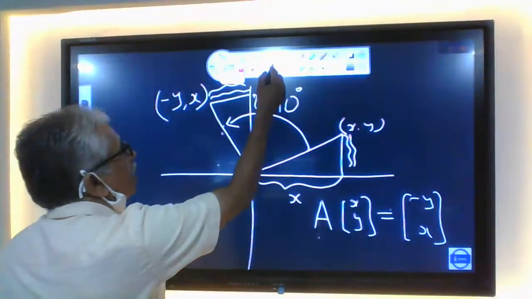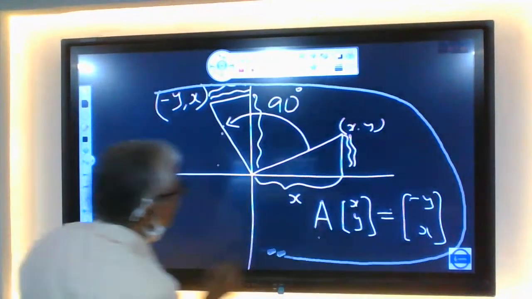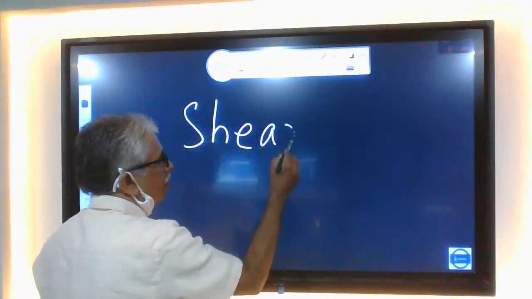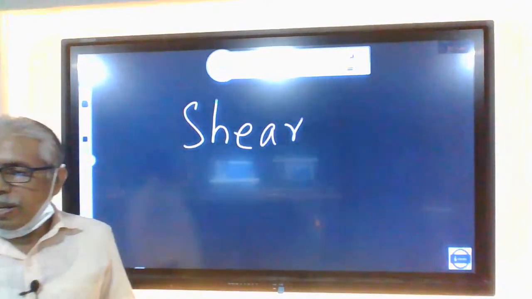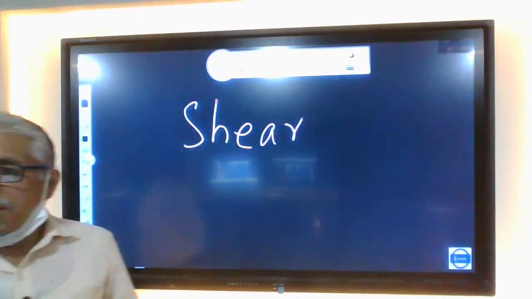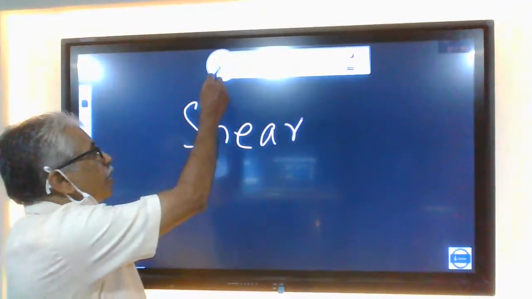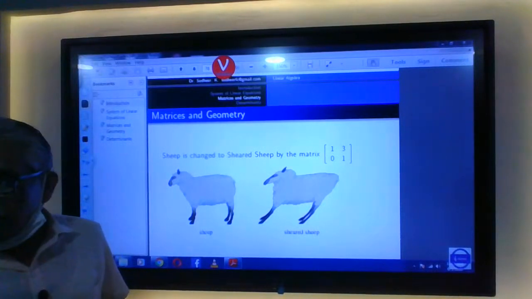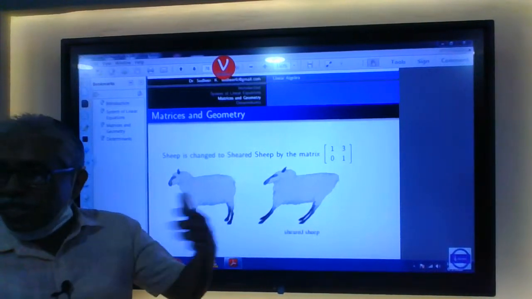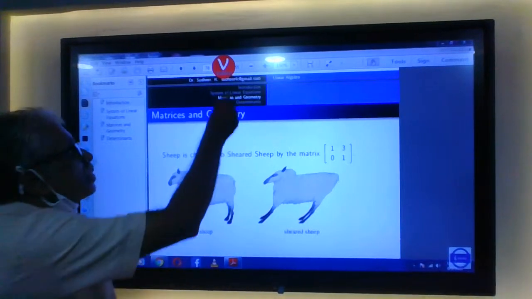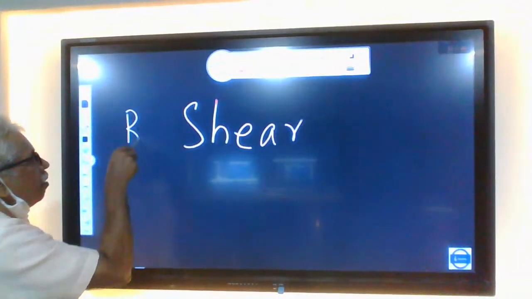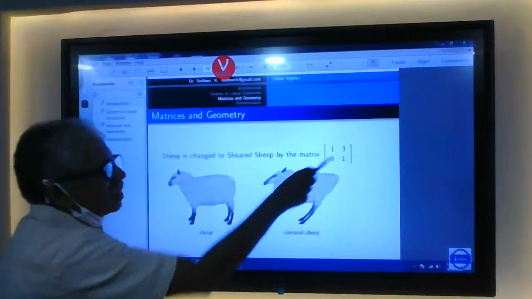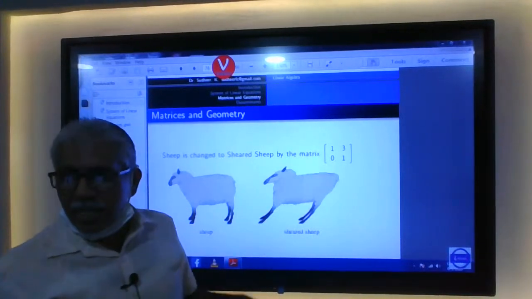That matrix is a shearing matrix. And towards which side is it shearing? Towards the right side, so it's a right shear.